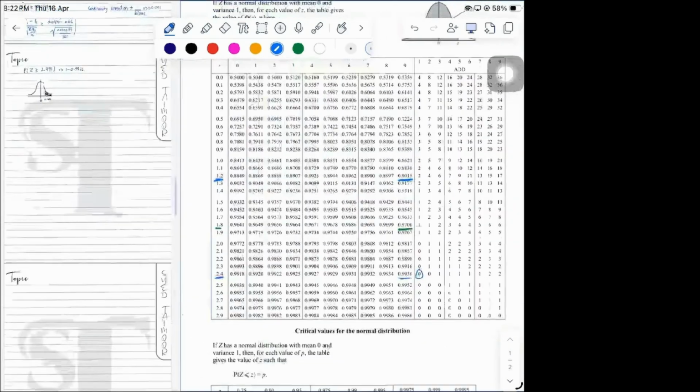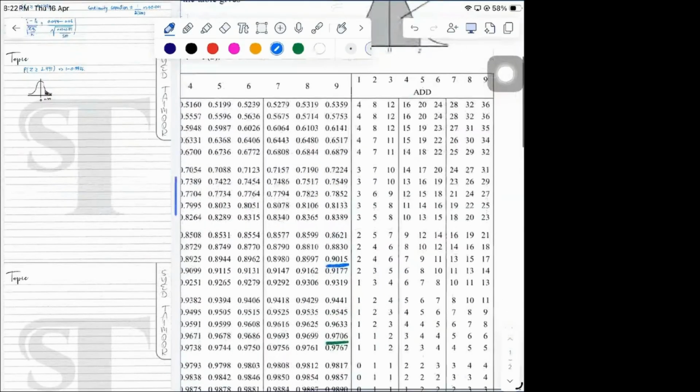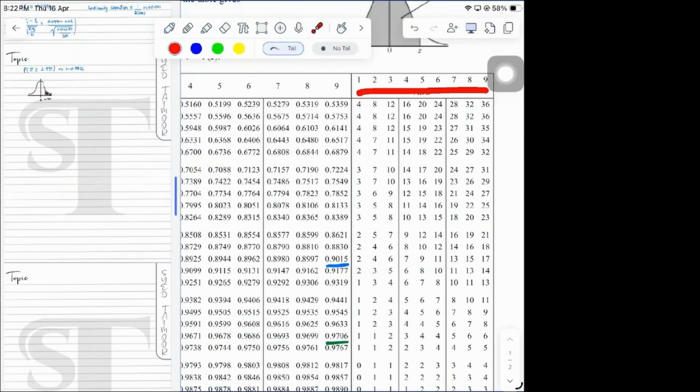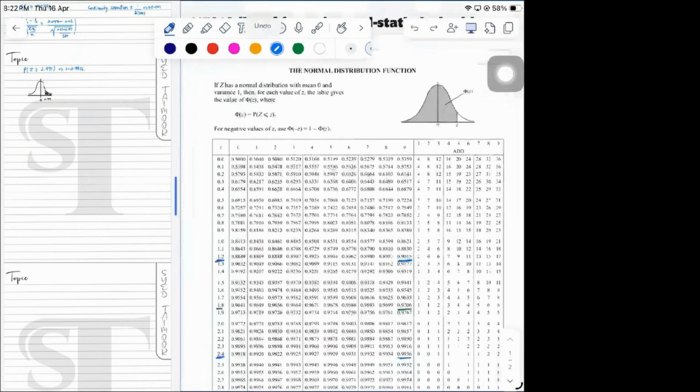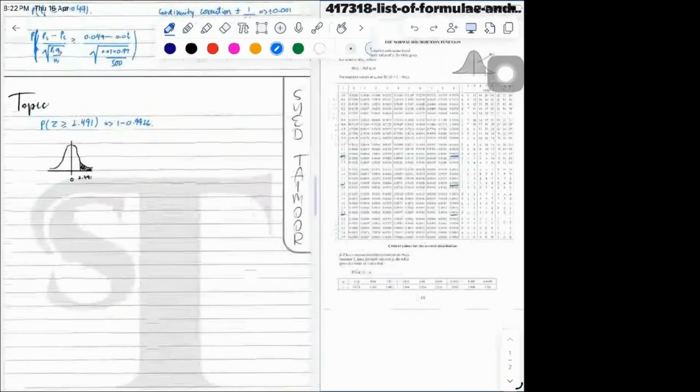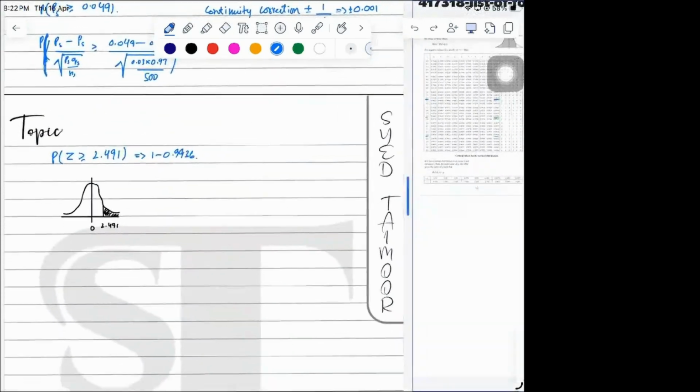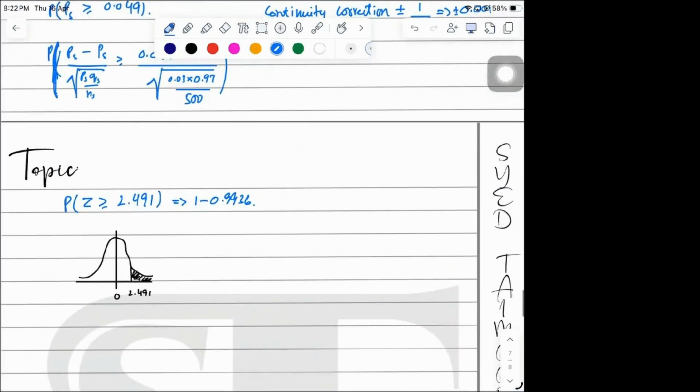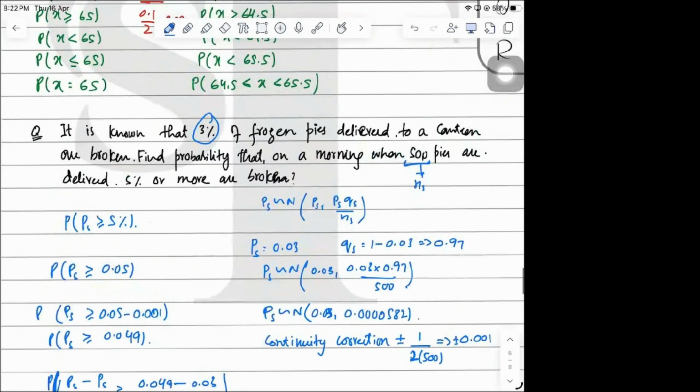Why do we use these columns? Yeah, you add them, I know that. But I didn't know it was called mean difference. It's called a mean difference. So it will be 0.0064.